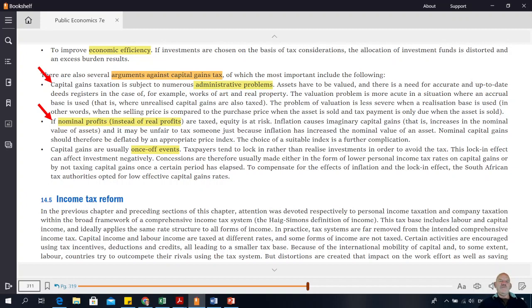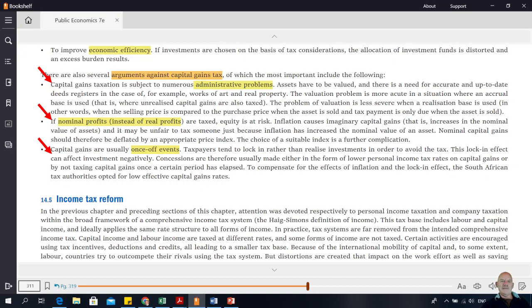which is perhaps unfair if you sell your house. If I sell my house now, when I bought it, it was only a few thousand rands, and now it's hundreds of thousands just because of inflation. So if only nominal profits are taxed, then it's really unfair to have the capital gains tax. And the third reason is we don't sell assets every year.